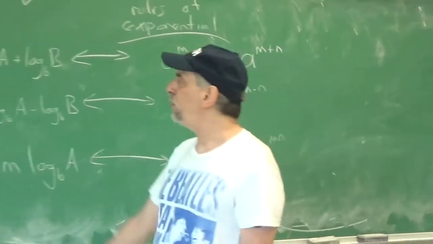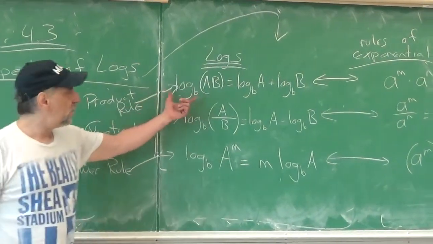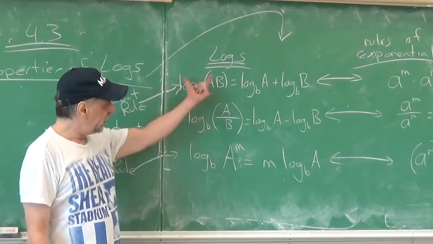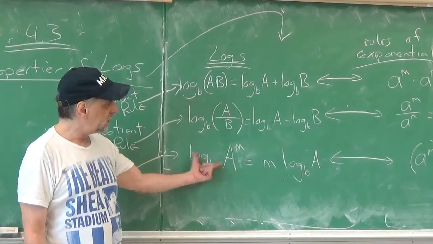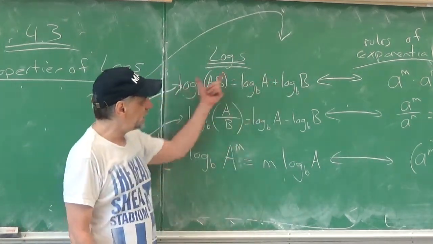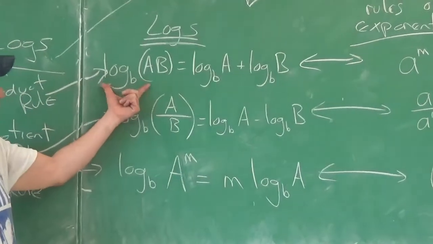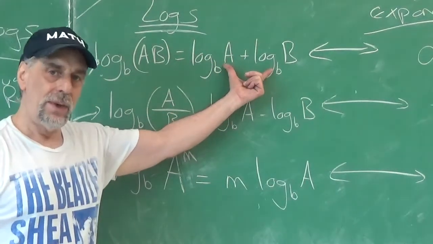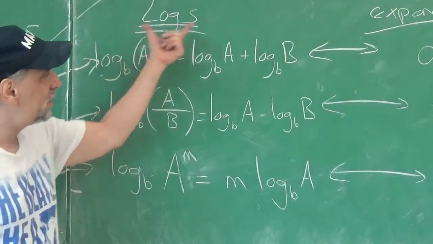Okay, so we're going to use these rules, product, quotient, power rule, to go from the left-hand sides here. We give it an expression in some form on the left side. If we go from the left-hand side to the right-hand side, we call that expanding a logarithmic expression. We're expanding this from this to the sum and/or difference of individual logs. That's called expanding, going from this to this.